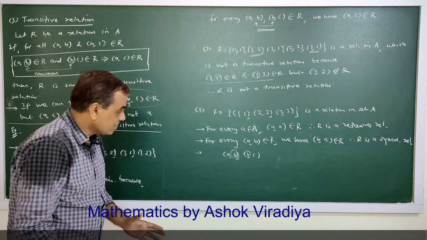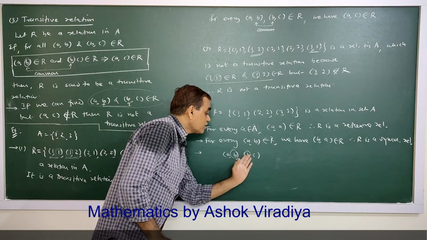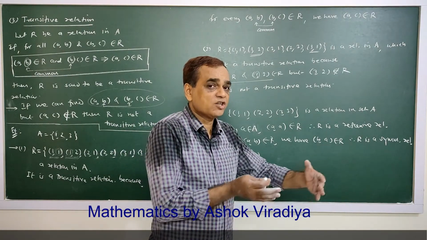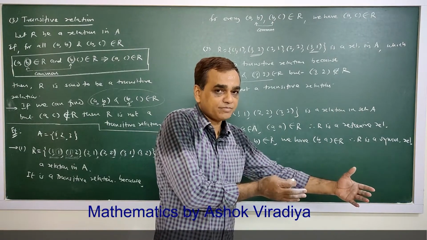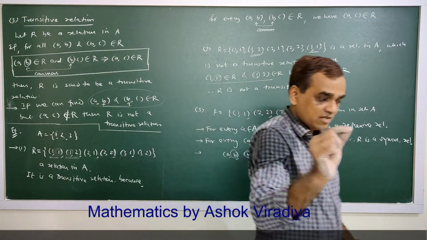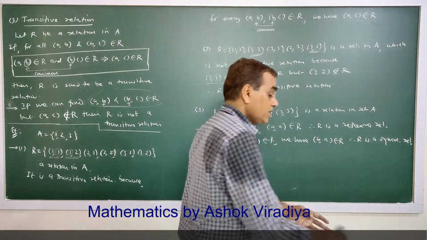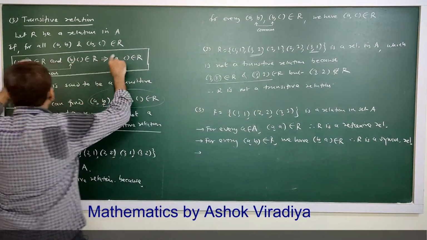But because here there is no existence of such a pair of elements, there is no question of the existence of (a,c). So by logic, this condition is satisfied.